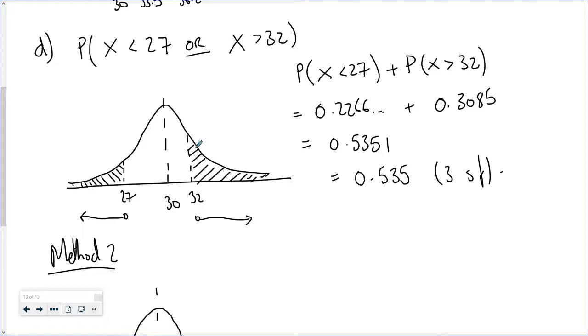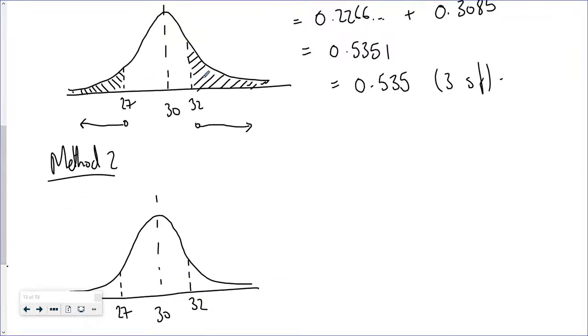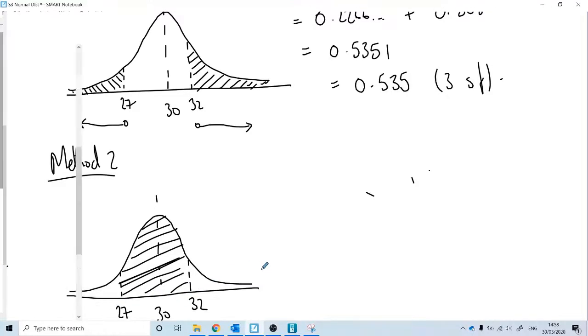Another perhaps neater way of working out this shaded area would be to use the fact that the total area underneath the curve is 1. So an alternative way to get this shaded area would be to do 1 minus the area in between 27 and 32. So 1 minus this area here. And that's perhaps an easier way of working out the probability, because your calculator can straight away give you the area between 27 and 32.